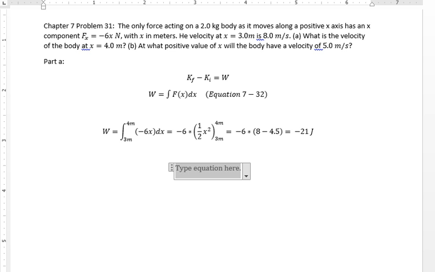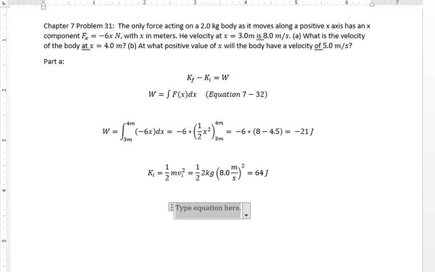Now we know K initial is 1/2 m V initial squared, right? So 1/2 times the 2 kilograms times the initial velocity of 8.0 meters per second, squared. That's going to come out to just 64 joules. That leaves us with K final being 64 joules minus 21 joules, which is 43 joules.